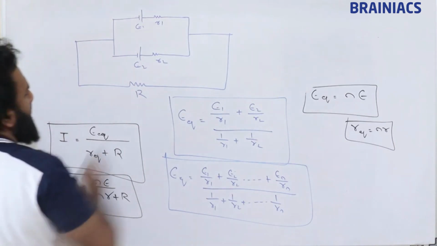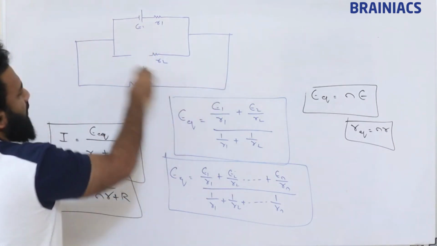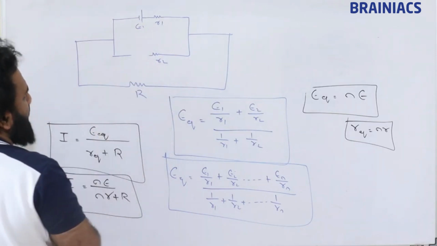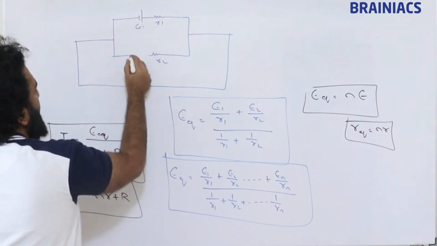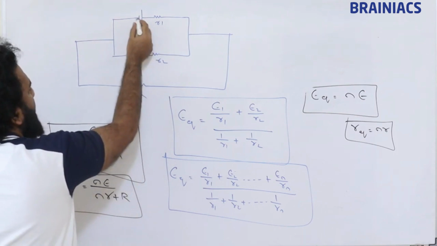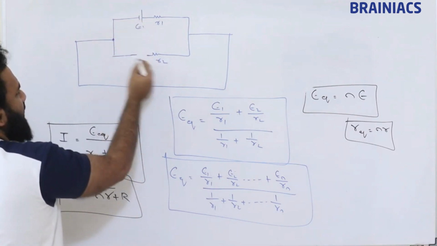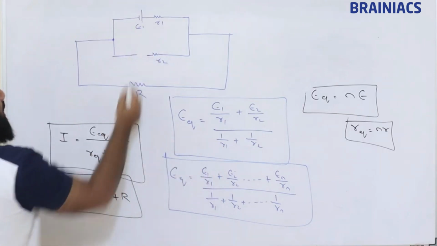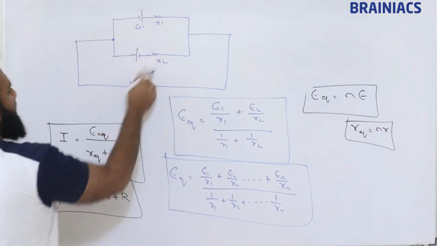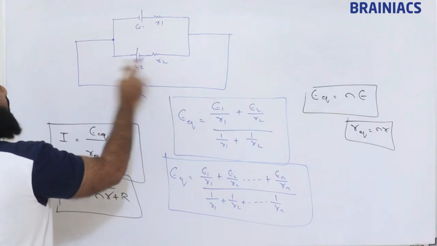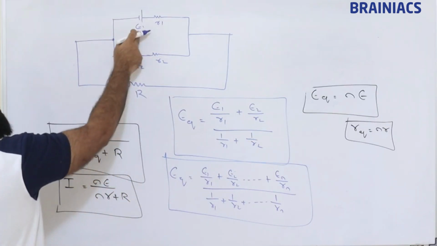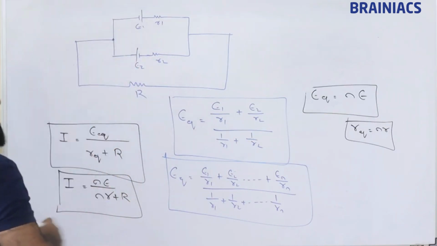Now from here we will continue from the last class. Suppose instead of this kind of polarity, the negative of this battery is also connected to this junction, we can say they are in the same polarity. Suppose the positive is connected to this junction and the negative of this is connected to this junction, what will happen?